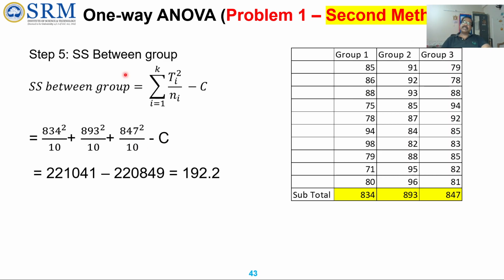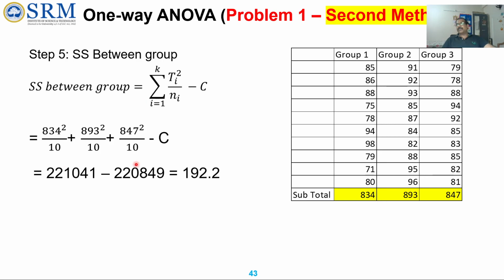Step number 5 is SS between group. How is between group calculated? Between group means group 1, group 2, group 3. Method 1 is different. In method 2, we use the means of the groups. So this is the sum of the group. All of these, divided by number of observations.